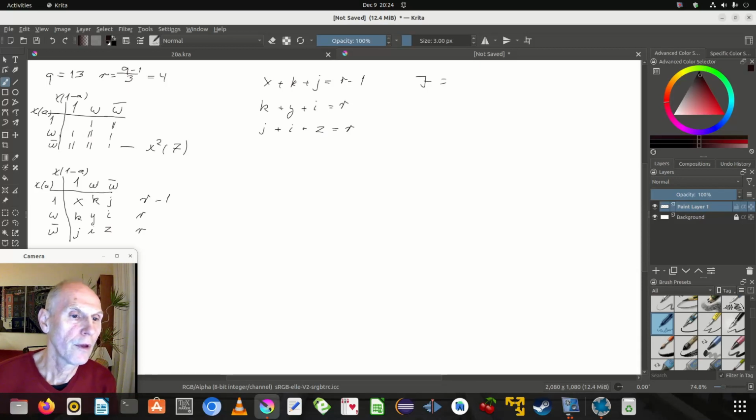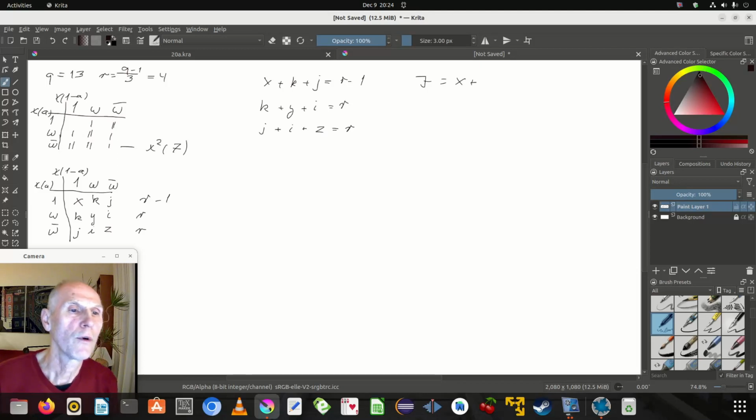The first one gives x times 1 plus, and then the ones, why is this not diagonal? 1, 2, 3, 1, 2, 3, 4, 1, 2, 3, 4, 5.